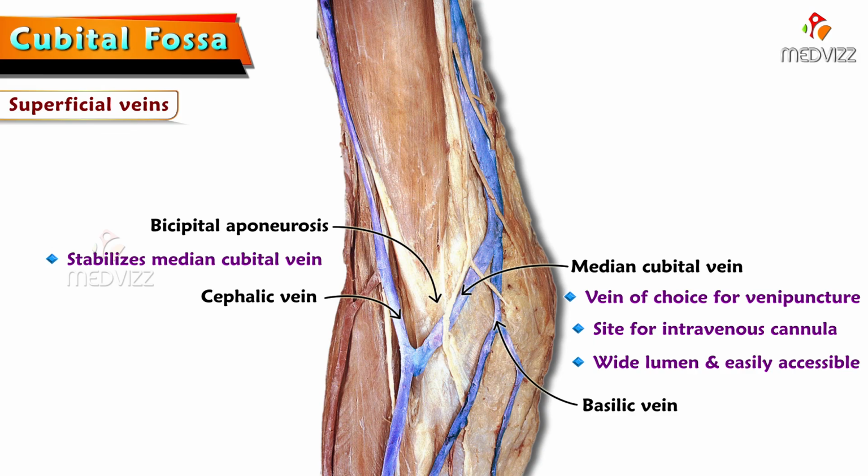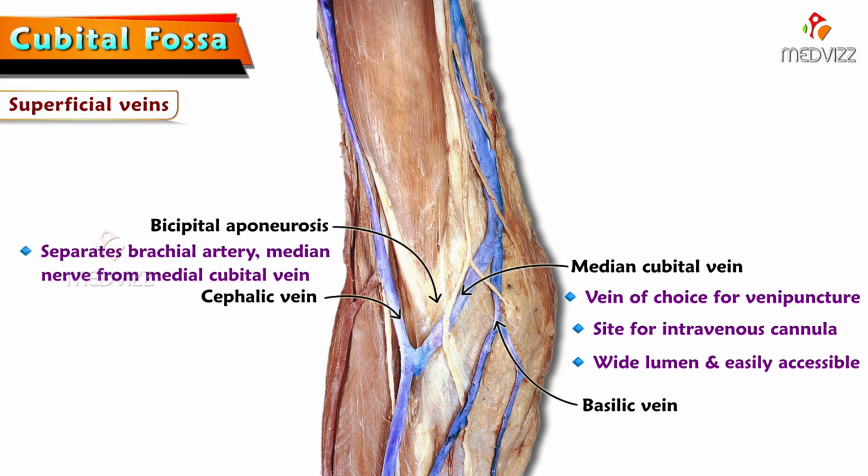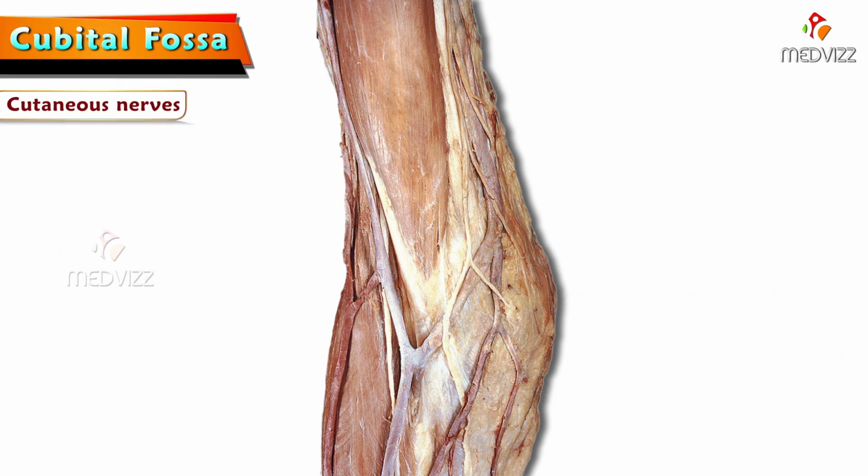And as the bicipital aponeurosis separates the brachial artery and median nerve from the median cubital vein, this acts as a protection for the brachial artery and median nerve during venipuncture, means during inserting the needle we won't puncture the brachial artery and the median nerve because the median cubital vein is separated from these important structures by bicipital aponeurosis. Let's see some cutaneous nerves.